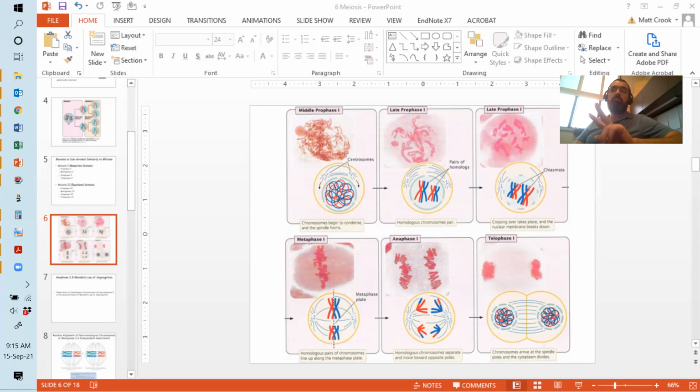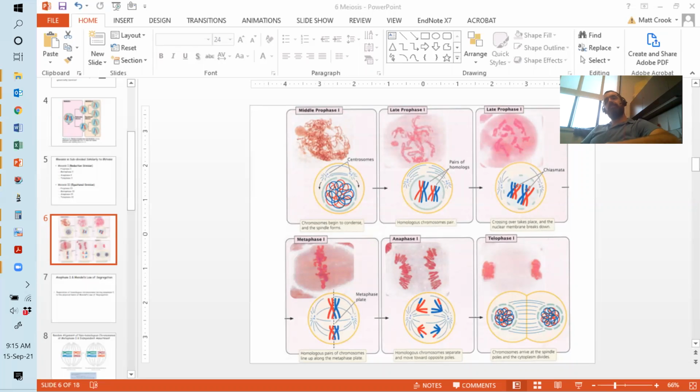So these two big things, recombination and random alignment, happen in different parts of meiosis 1. So recombination, and I'll just use that rather than repeating all of them, but I mean crossing over and synapsis, right? They all mean the same thing. So recombination happens in prophase 1.